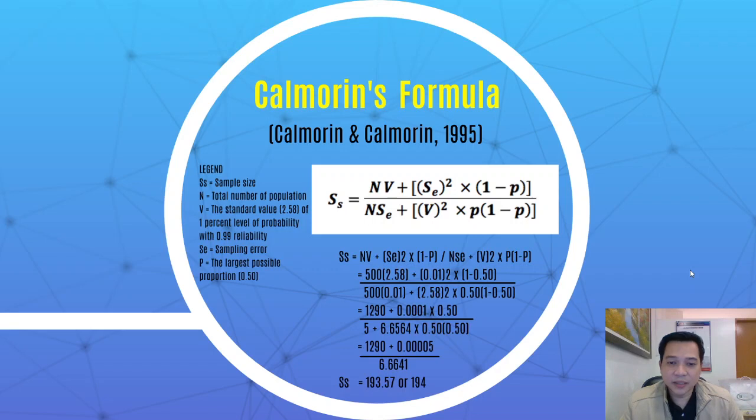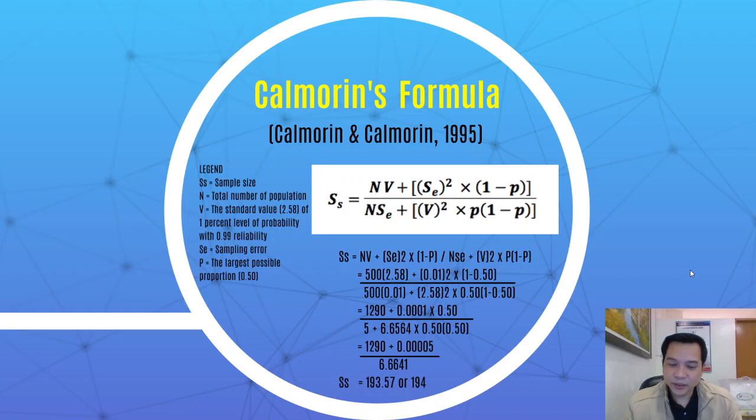Wala naman pong kalahati, sabi nga sa Tagalog. Which means you need to round this up. It's much better to round it up rather than on the lower side. We need to round it up. It will become 194. So using Calmorin's formula, you will need to have a sample size of 194.